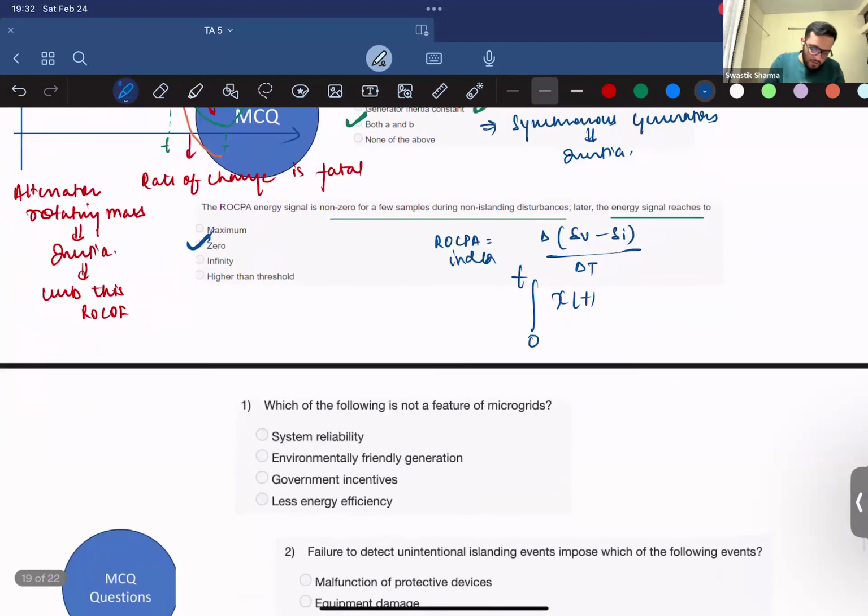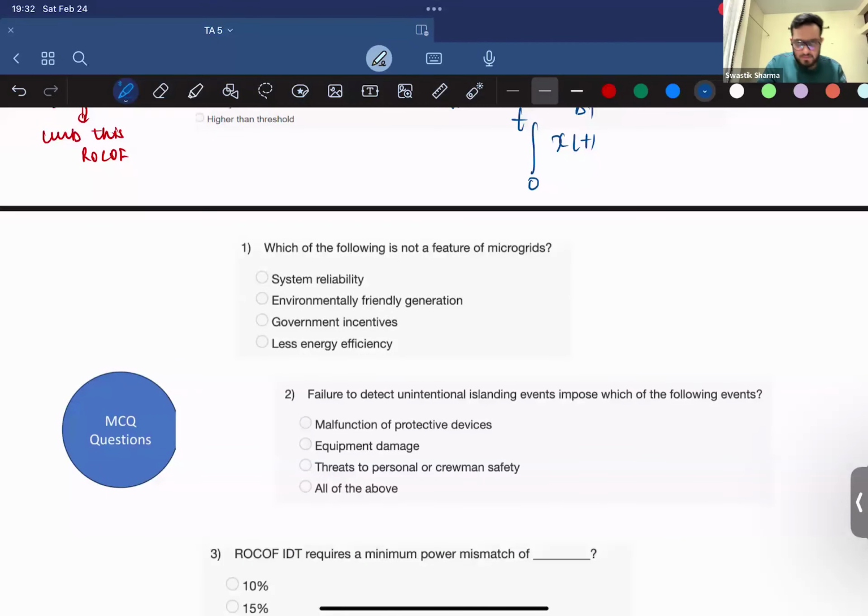Next, which of the following is not a feature of microgrids? This is a straightforward question, right? Anyone can answer. Yes, someone wrote D, best energy efficiency.